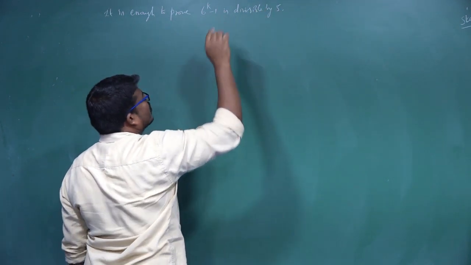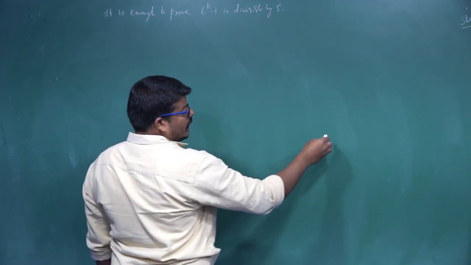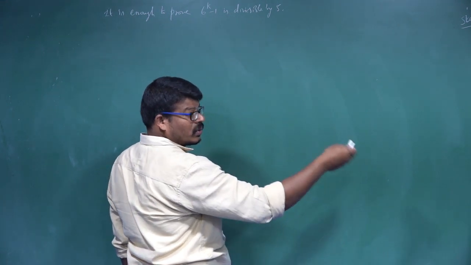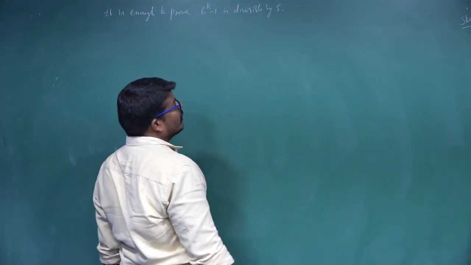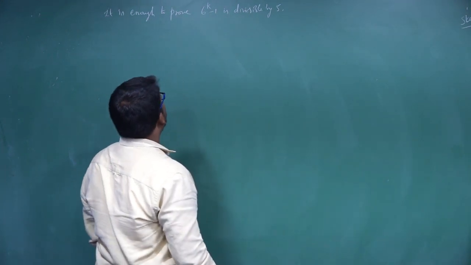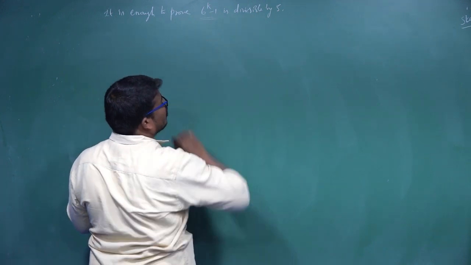It is enough to prove 6 power k minus 1 is divisible by 5. And 100 cube plus 40 is also a multiple of 20, divisible by 20 and leaves the remainder 9. We have to prove 6 power k minus 1 is divisible by 5.